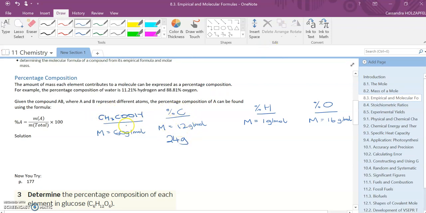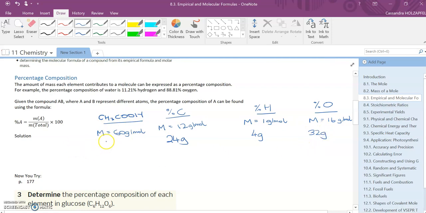Hydrogen is about 1 gram per mole, and I've got 4 of them, so that means I'm going to have about 4 grams in 1 mole of this compound. Lastly, I need to determine oxygen, and I know that the molar mass of oxygen is 16. I've got 2 oxygens here, so if I have 1 mole of this substance, that means I'm going to have 32 grams of oxygen.